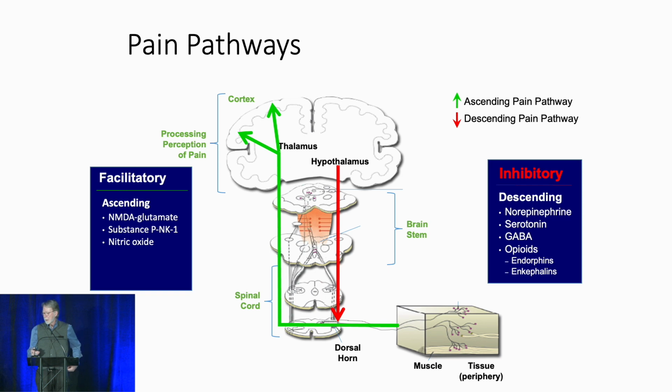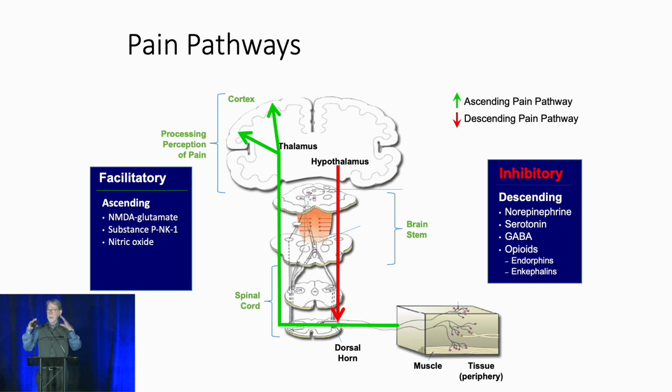Okay, so here's a cartoon that gets across the point that we process pain at a central level. For example, if you pass your finger through a flame, there's an instant message that's sent through the dorsal horn up through the spinal cord to the pain processing centers in the brain, including the prefrontal cortex, the insula, and so forth.